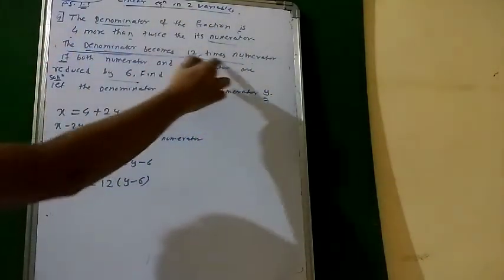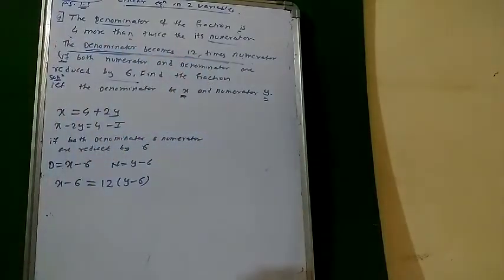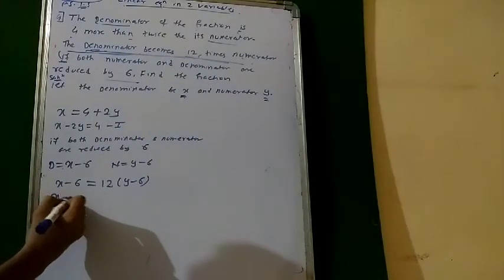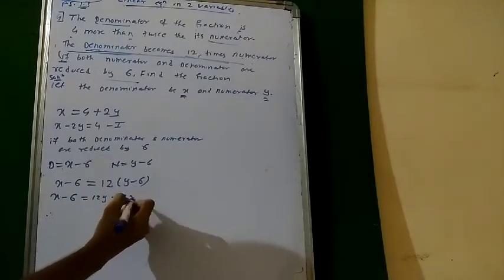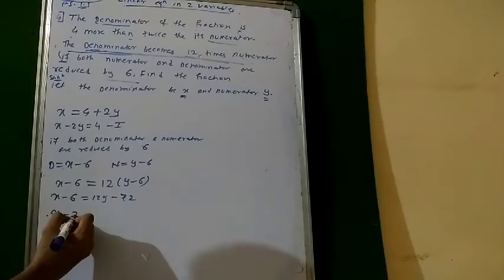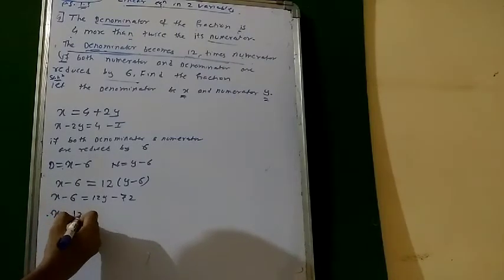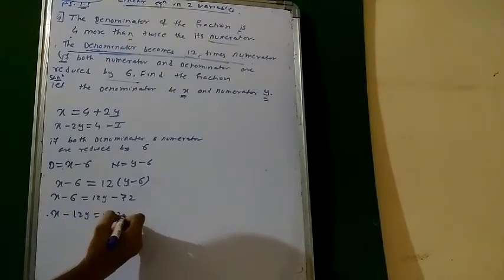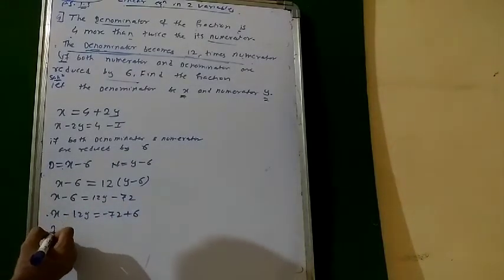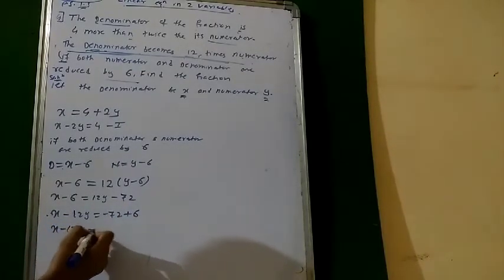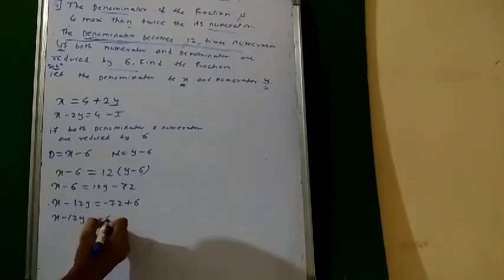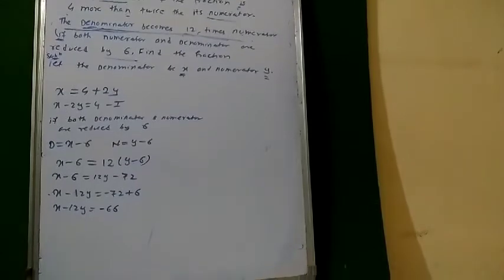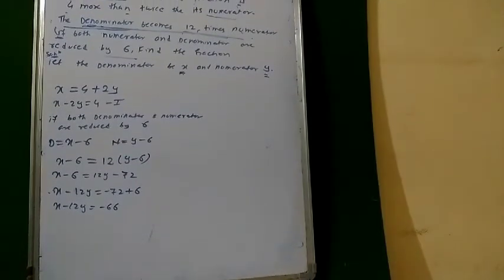So we'll open the bracket: x minus 6 is 12y, 12 times 6 is 72. x minus 12y is equal to minus 72 plus 6. So we have x minus 12y. Minus 72 plus 6 will give me 66. Okay, 66, 67, 68, 69, 70, 71, 72.